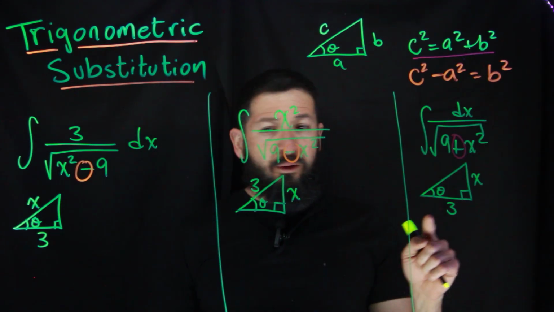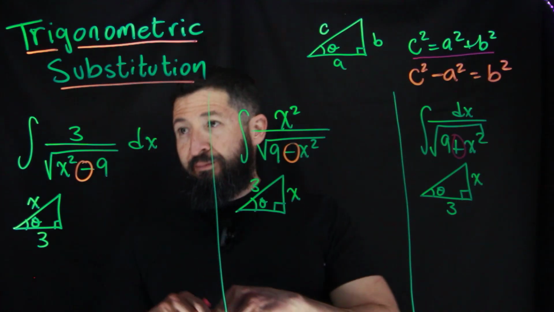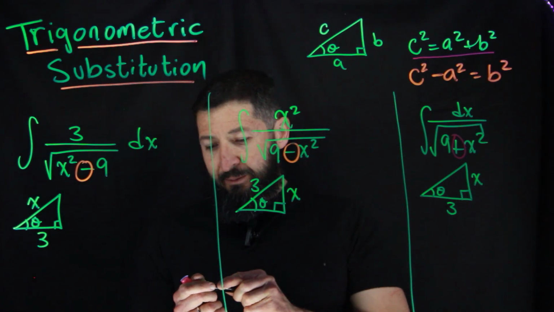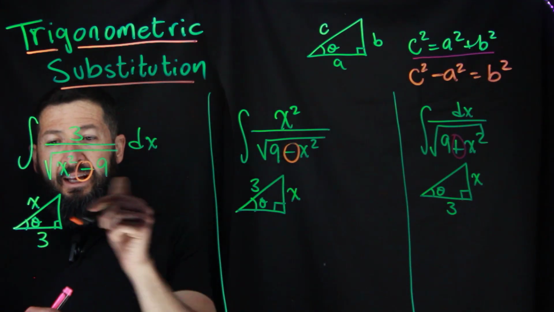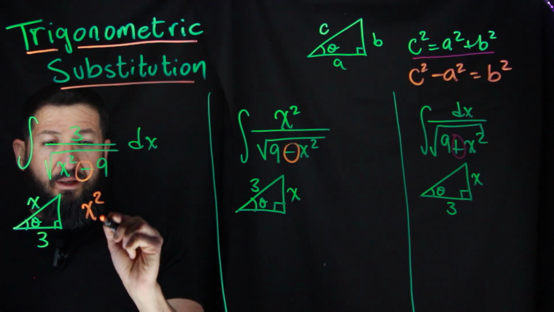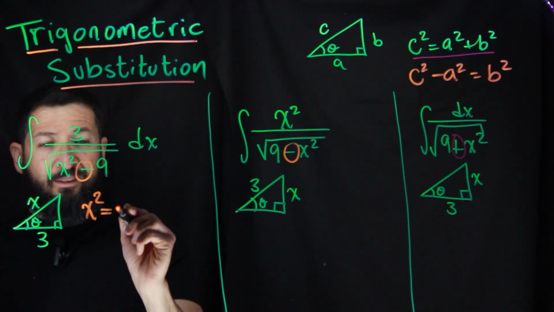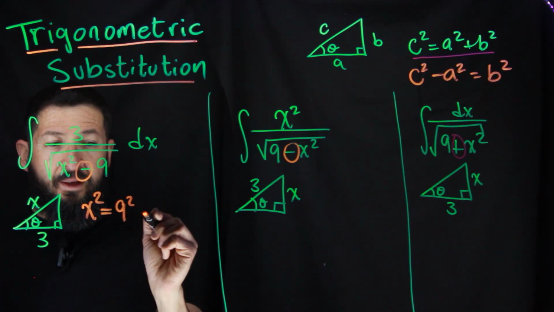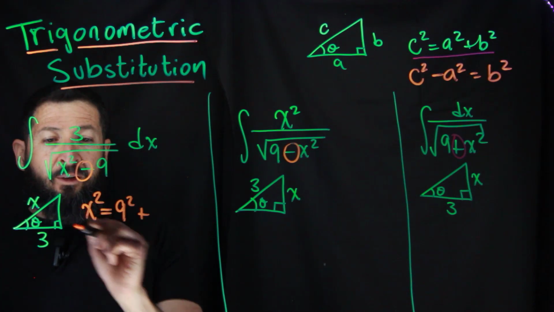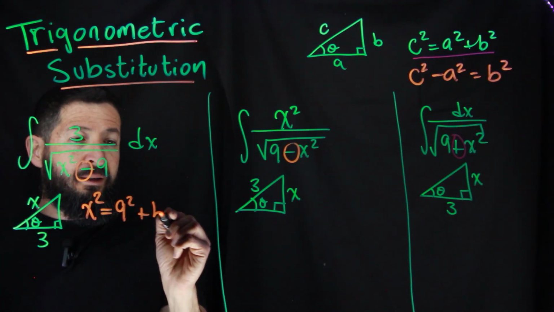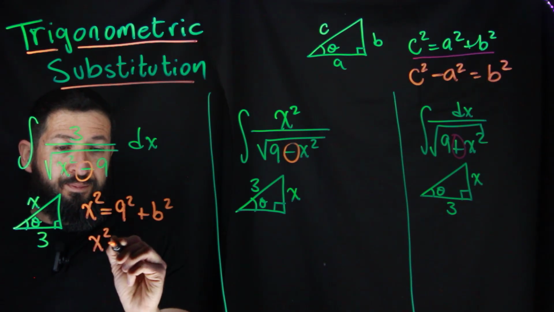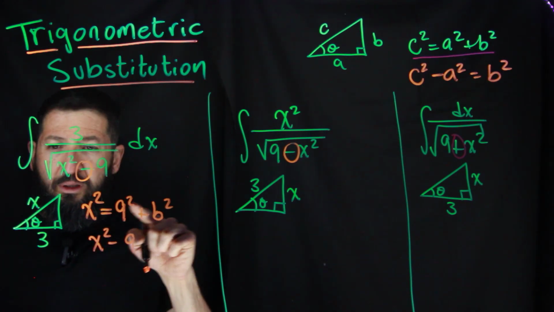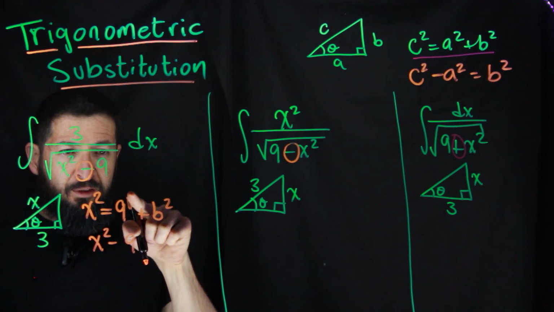Alright, so now the term that we're missing. So here, I want to compute it real quick, and then I'm going to erase it. So I have that x squared is going to be equal to this one squared plus this other one, b, let's say. And so if I solve for b, 3 squared is just 9.